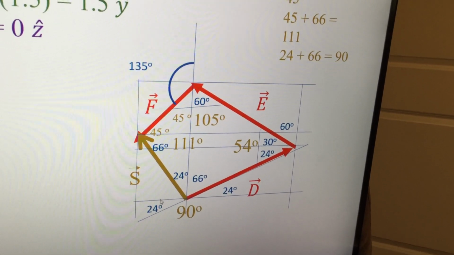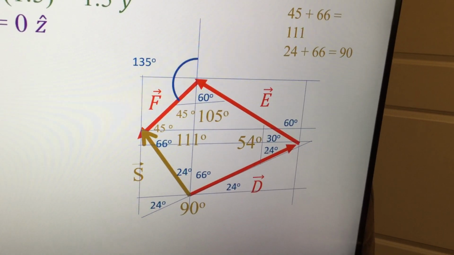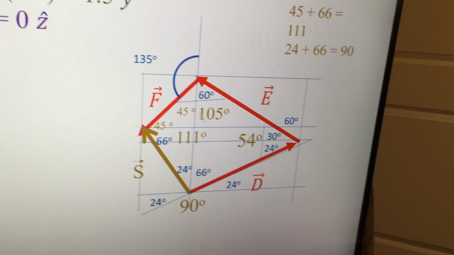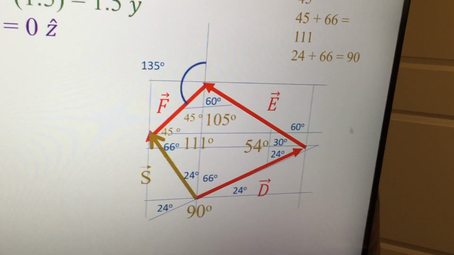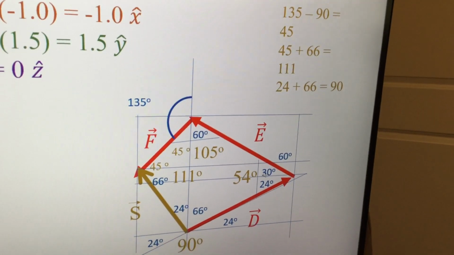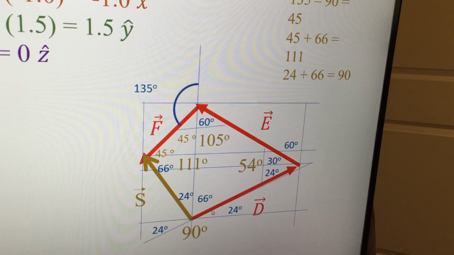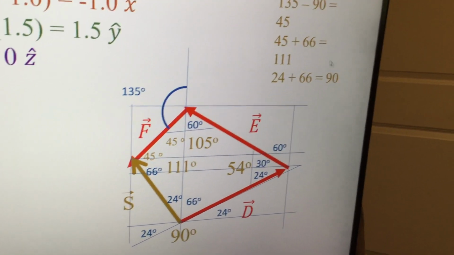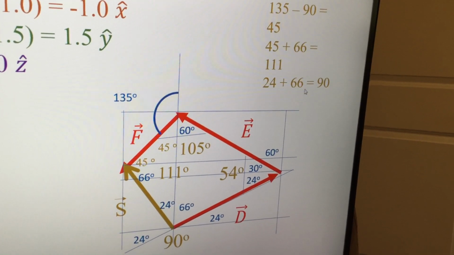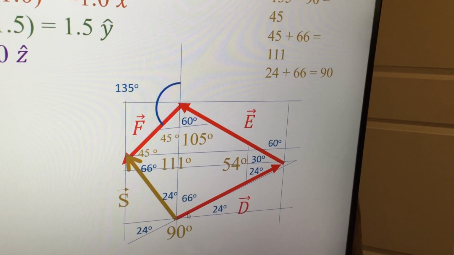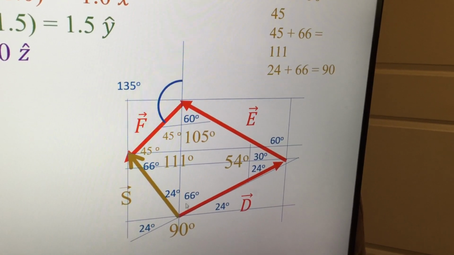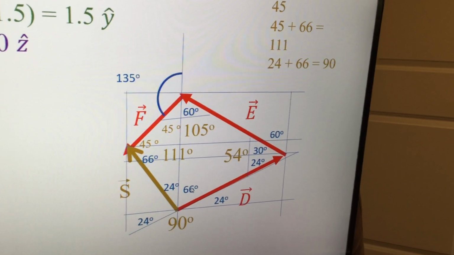Now for this one, I decided to put the angles right over there so we can have the angles for the dot product. We have been given that D has a 24 degree angle, and in one of the videos that we did, we found that 24 plus 66 gives 90 degrees. So this is a 90 degree angle, and we get 66 over here.